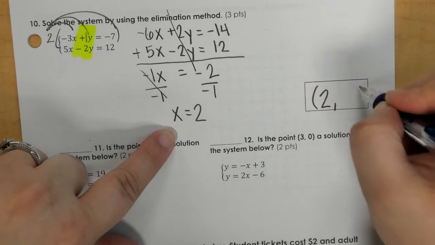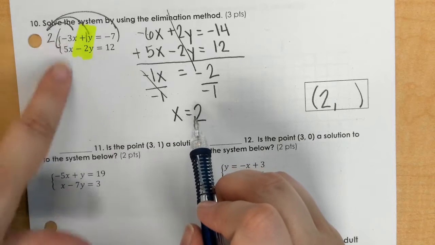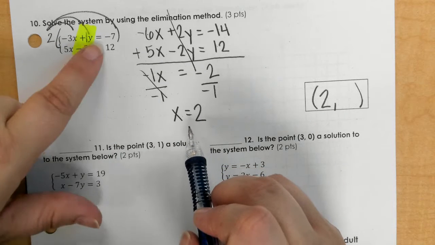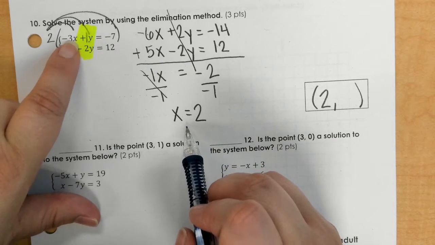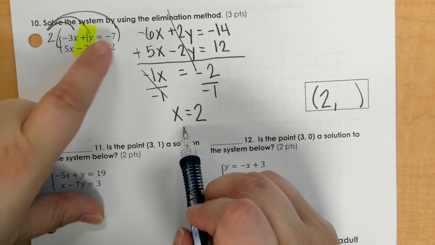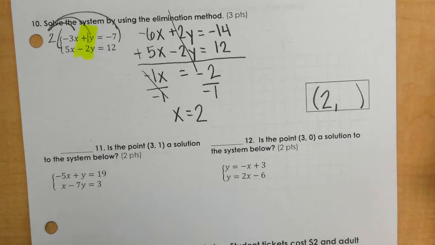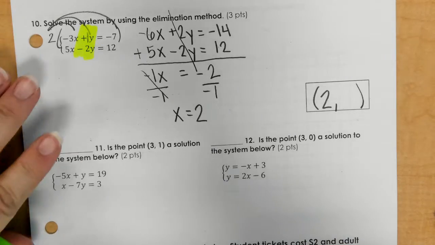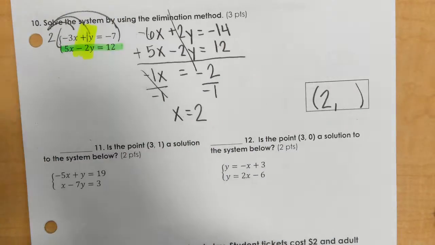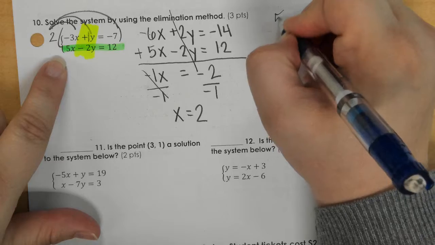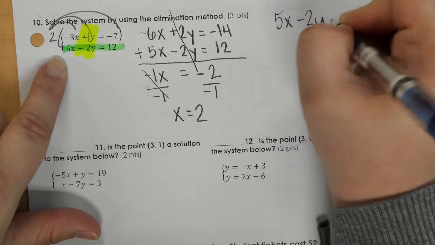To get the y, I need to plug it back into one of these equations. So even though I have smaller numbers at the top, I have more negatives up there. So I'm going to use the bottom equation. Okay, so I'm going to highlight that just so we know that step 2, I am using the 5x minus 2y.